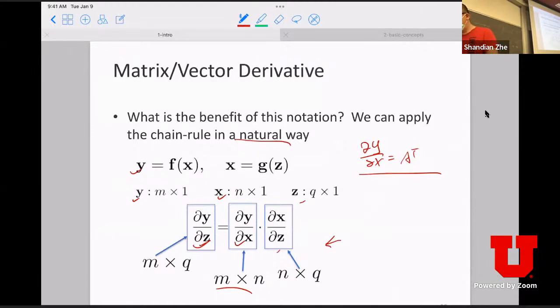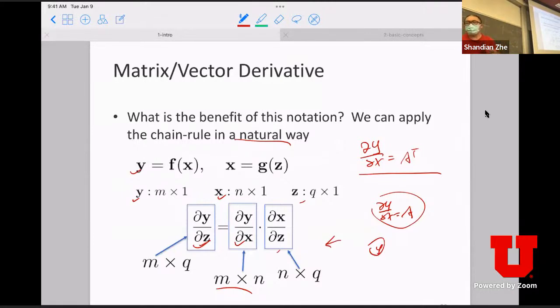But that does not mean that using partial Y over partial X is wrong. The Jacobian has no problem. The issue is that if your Y is simply a scalar, then your gradient will be a row vector. Remember, in the Jacobian, the number of rows corresponds to the number of output elements. If your output is just a scalar, you only have one row. So the Jacobian degenerates to a row vector.